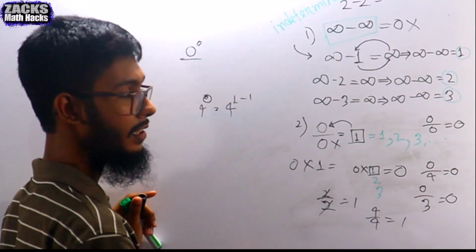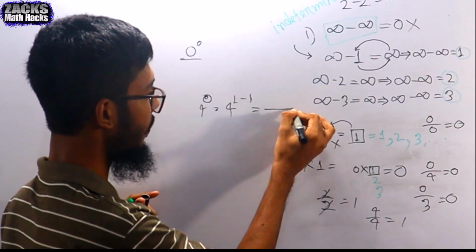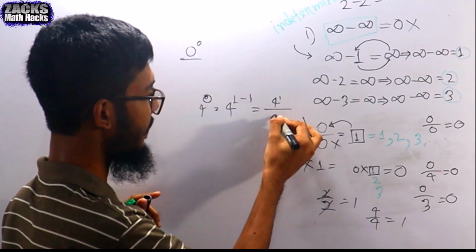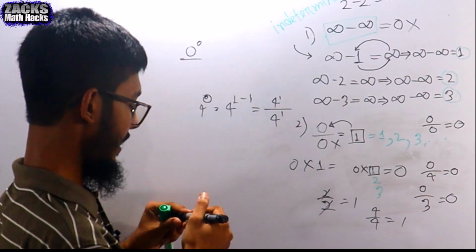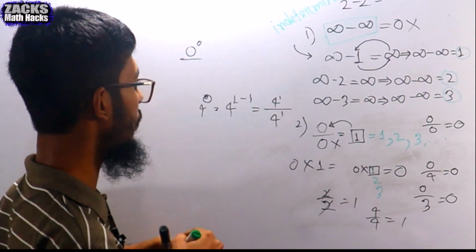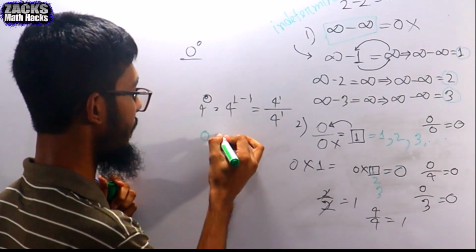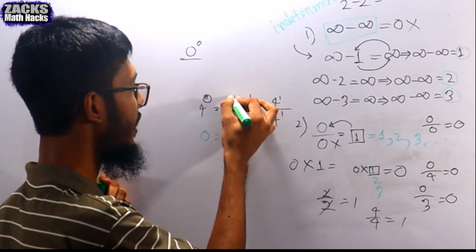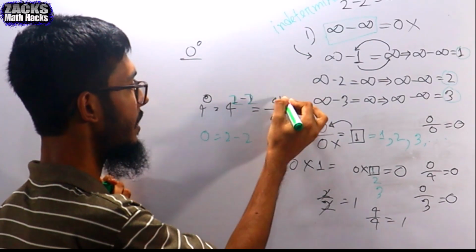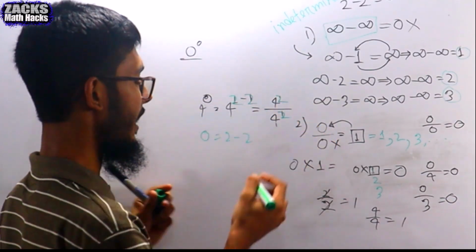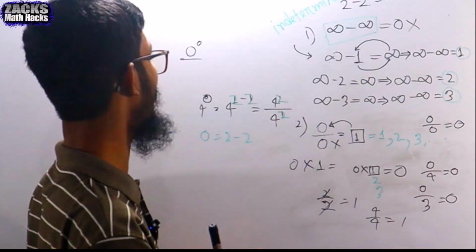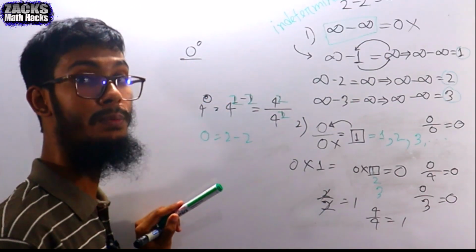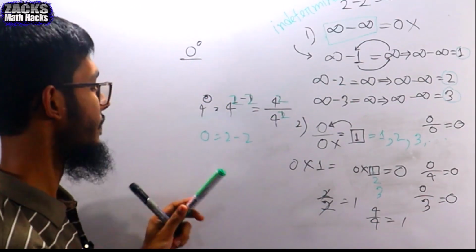So 4 to the power 1 by 4 to the power 1, or if I write 2 minus 2, then we keep here 2 minus 2. Already we know this kind of logic. Leave this one. So now focus on 0 to the power 0. What is the answer actually?